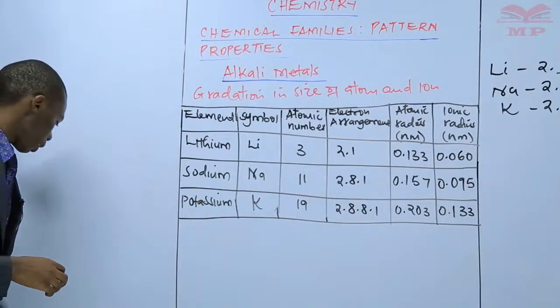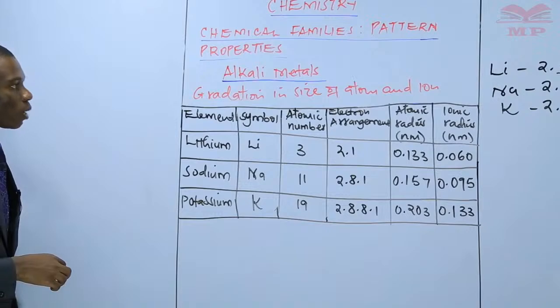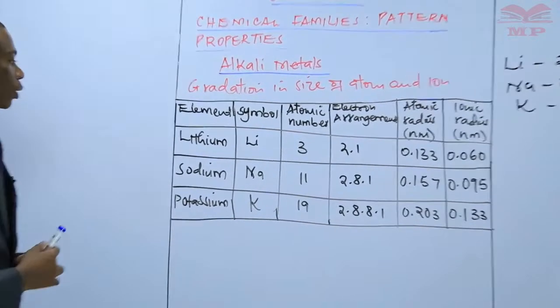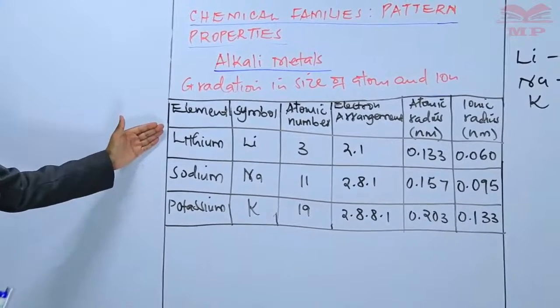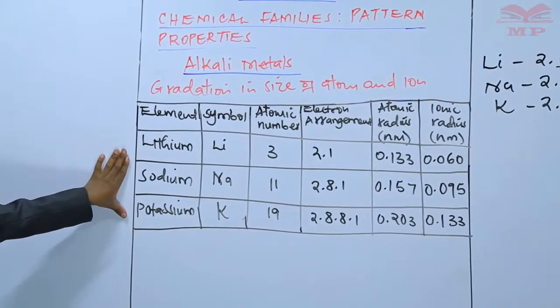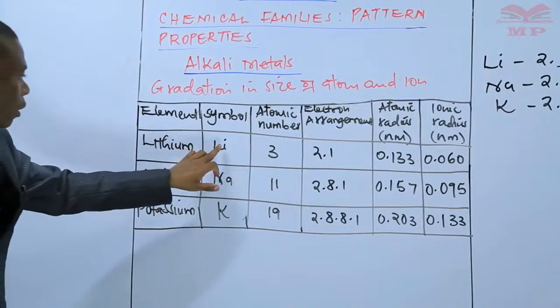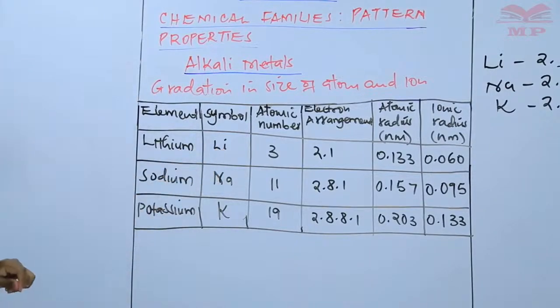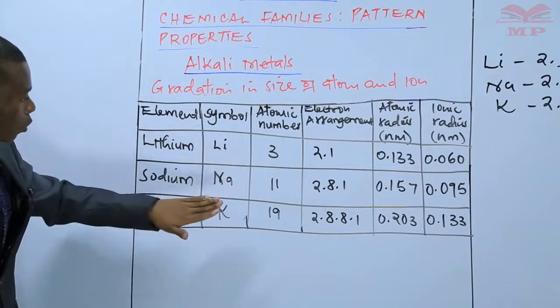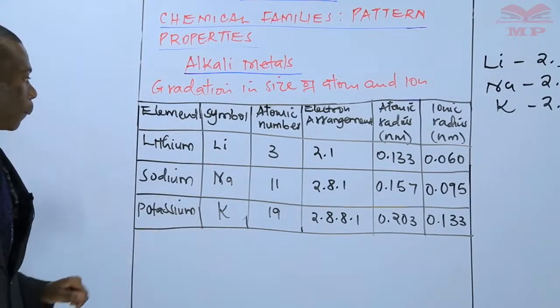I want us to look at the gradation in size of the atom and the ion of alkali metals. These are the alkali metals. So the alkali metals are lithium, sodium, and potassium. Then their symbols, the letters are not supposed to be touching one another. So we have lithium, sodium, and potassium.